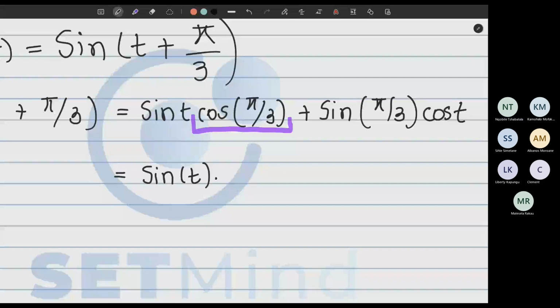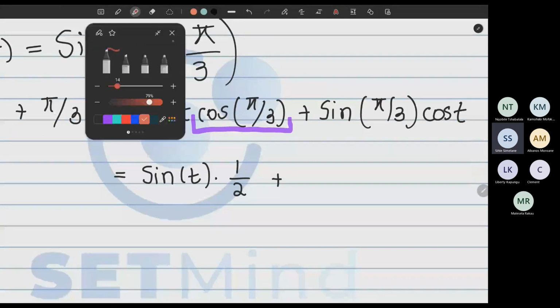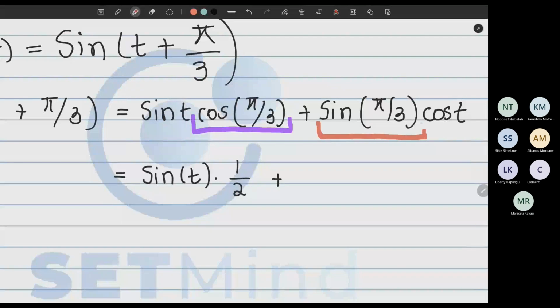Half. And what is sine of pi over 3? Root 3 over 2.